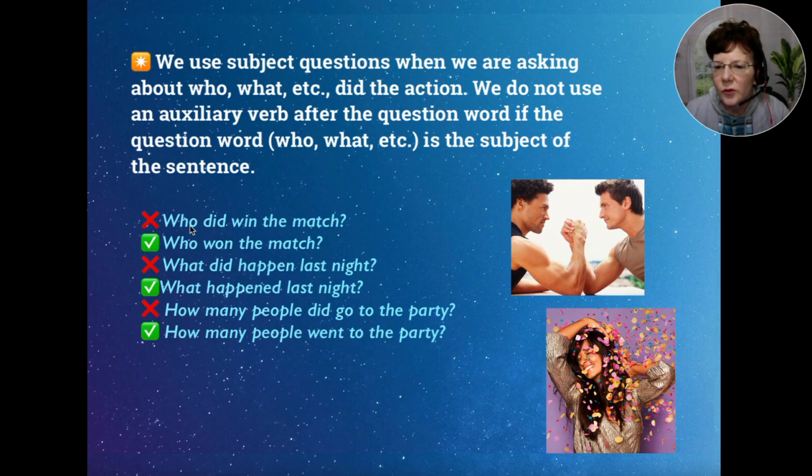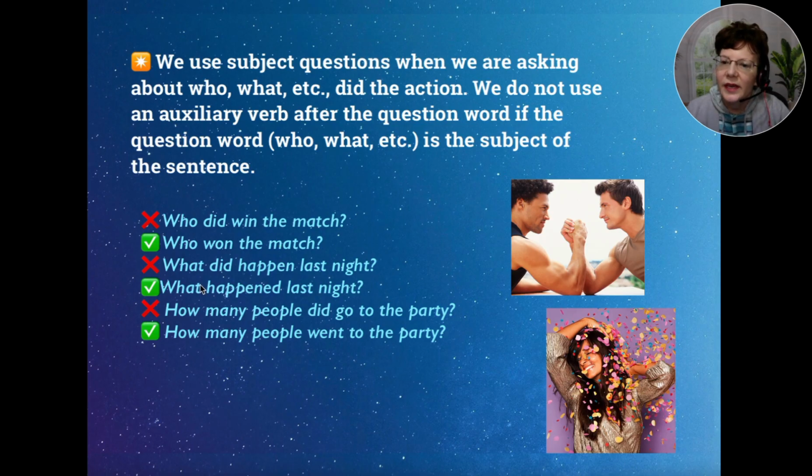Who did win the match, and then who won the match. Notice that we're using past simple here. We don't want to say did in the question when we have a question word. So who won the match is the right way.